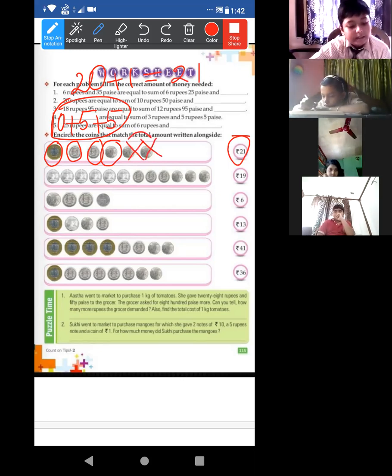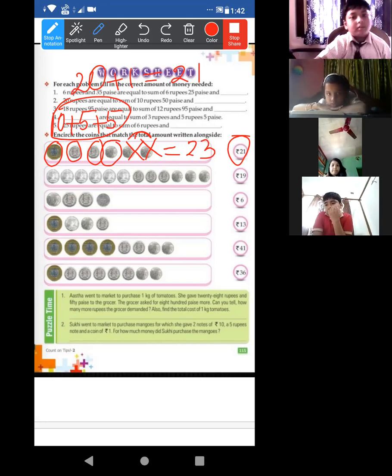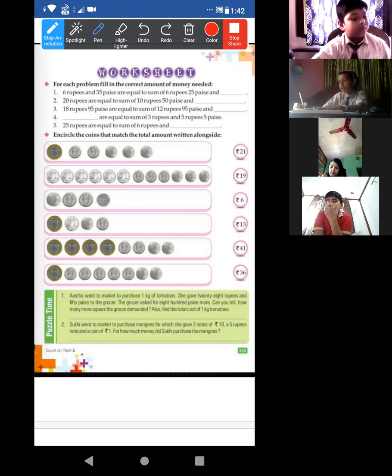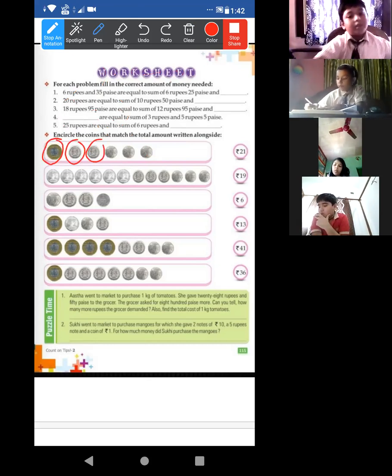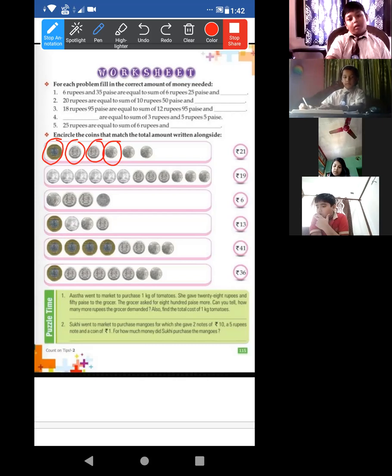If we take the other two, then it will be 23, no? So encircle which will make 21. That's this one, this one, this one, this. Encircle the coins which will make 21 rupees.